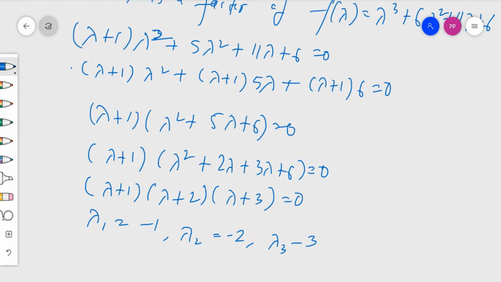So we know that these three are the eigenvalues which are distinct. So therefore we can find out the eigenvector matrix V equals V1, V2 and V3, and these all three are column vectors, column matrices I mean.